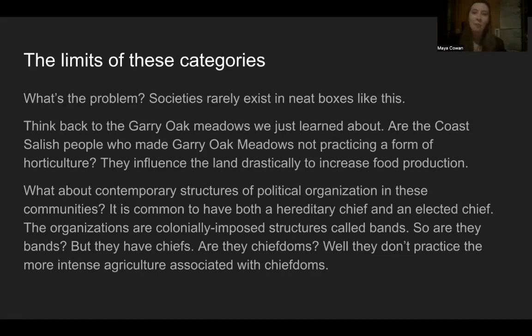But even when we look at contemporary structures of political organization in these communities, it's often common to have both a hereditary chief and an elected chief, at least in West Coast British Columbia, where I'm from. But some of these organizations are colonially imposed structures called bands.